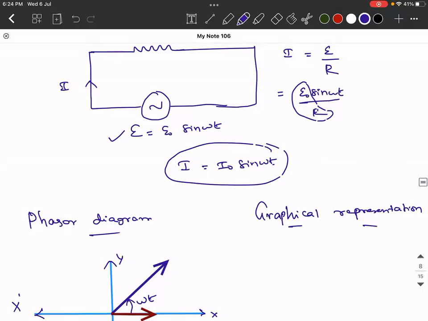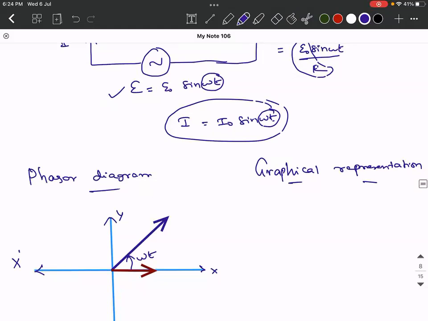If input argument was omega t, output is also omega t, meaning current would also have rotated through the same angle, except the fact that current will be slightly less compared to the value of EMF. So this will be equal to E naught sine omega t, and this will be equal to I naught sine omega t.